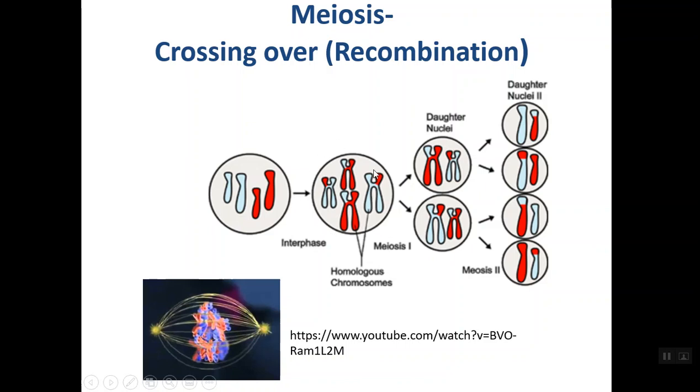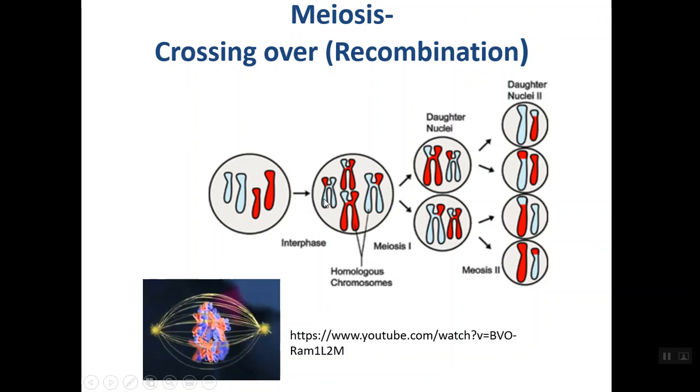What you may notice here is that the duplicated chromosomes, something has happened to them. There has been a swap of pieces of chromosomes from the chromosomes that this individual had inherited from mom and dad, respectively, right?